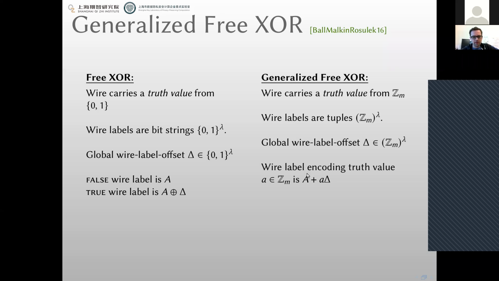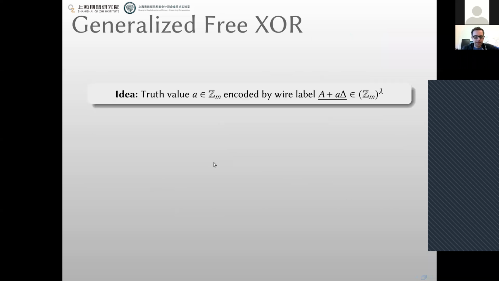Okay, and the plus here is addition of vectors mod m, in the same way that XOR is addition of vectors mod 2. Yeah, so here's a summary of what I just said. The value little a on a wire has this wire label.